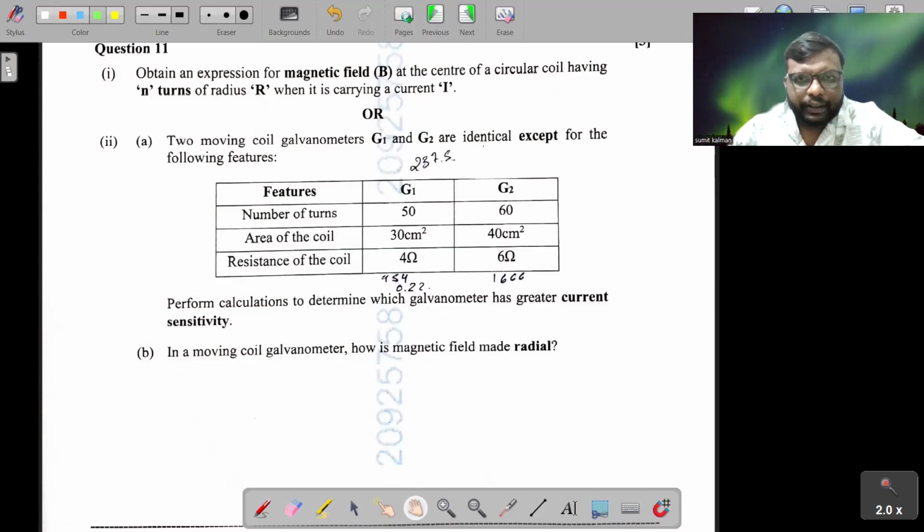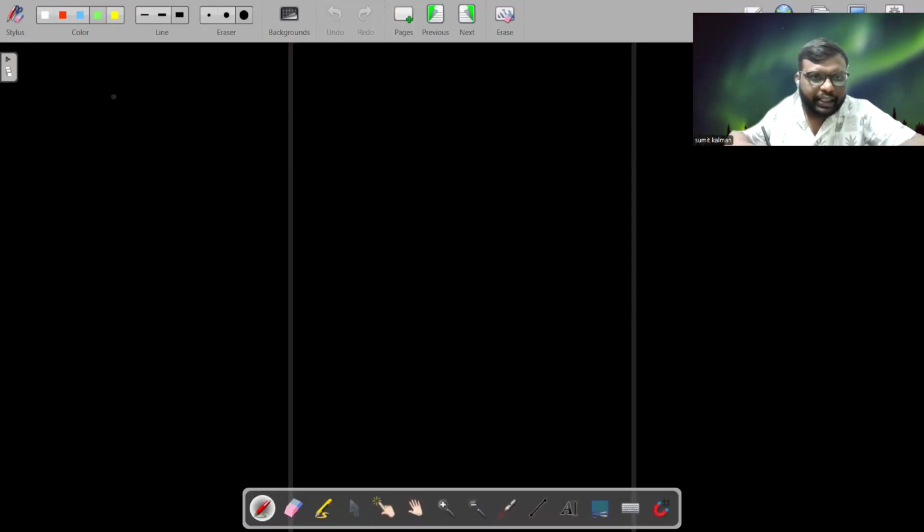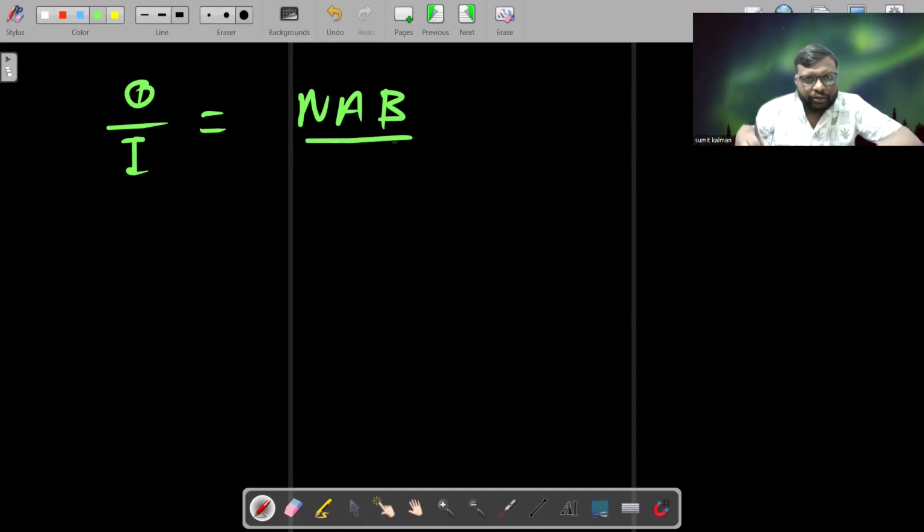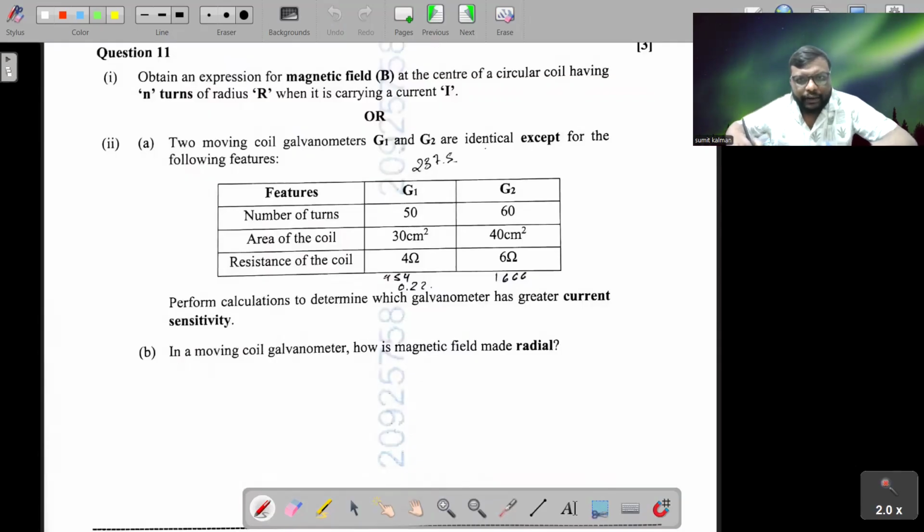So students, as we all know, current sensitivity, that is phi upon I, it is equal to NAB upon C. And students, if you will see, number of turns, area of the coil, and resistance of the coil are different for two galvanometers, G1 and G2.